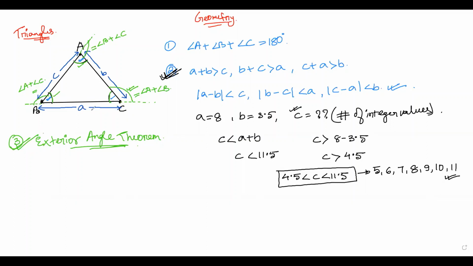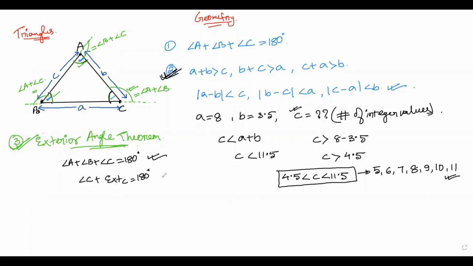We can also prove this exterior angle theorem very easily. We know angle A plus angle B plus angle C is 180 degrees. And this interior angle C plus this exterior angle C together is a straight angle. So this interior angle C plus exterior angle C would be equal to 180 degrees.